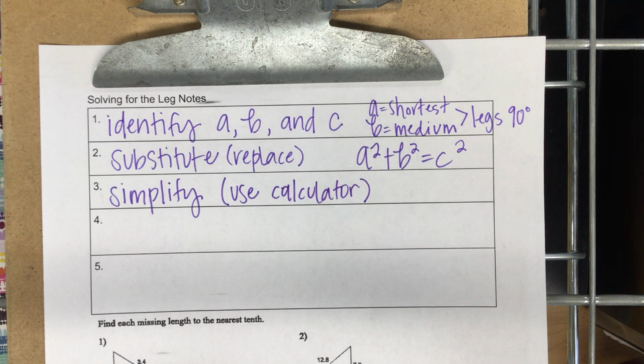But today it's different. When we were solving for the hypotenuse, we simplified, and our next step was square rooting. Today, when we simplify, we can't go straight to the square root because our numbers are separate.